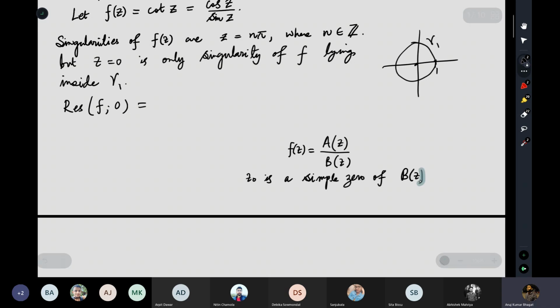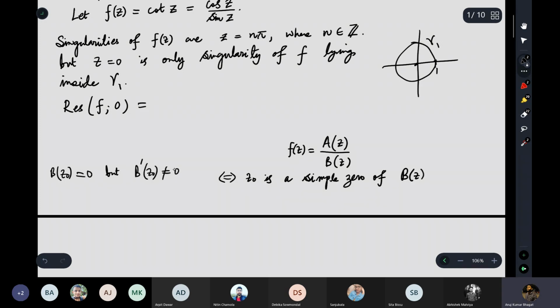What is the meaning of a simple zero of b(z)? That means b(z0) is 0 and b prime of z0 is not 0. Then what is the residue of the function at the point z0?